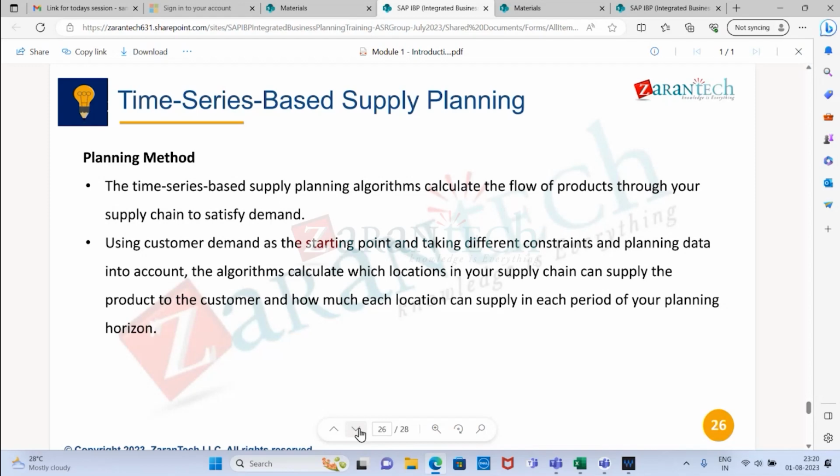So it considers the horizon, like the window is given as to what is the level of horizon which needs to be followed, and what are the parameters for which the supply planning run needs to be determined. So all these things are basically run through the algorithms.